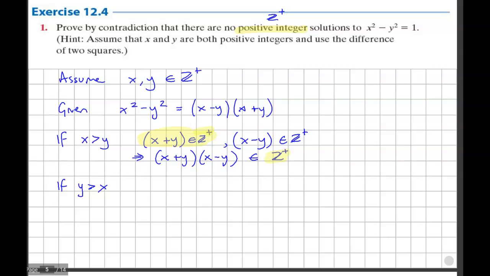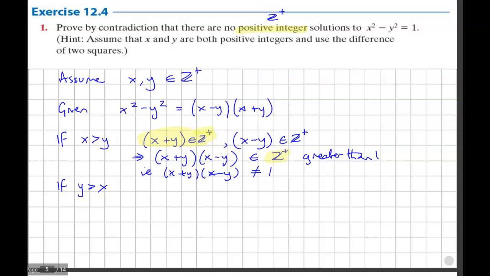So x plus y multiplied by x minus y is not going to equal 1. I've got an equals sign with a slash through it, meaning it's not equal to 1.